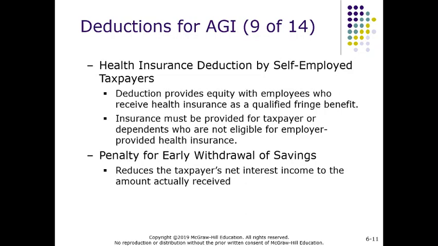If you're self-employed, you don't have an employer paying your health insurance premiums. So Congress sought to give self-employed individuals a tax break by allowing a for AGI deduction for premiums paid for health insurance for self-employed taxpayers and their family.